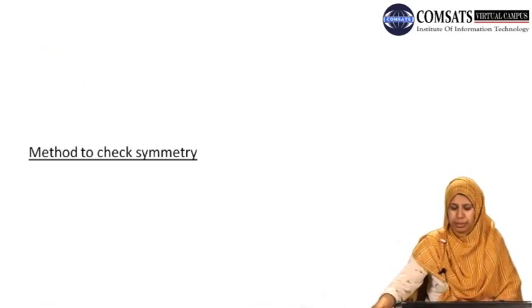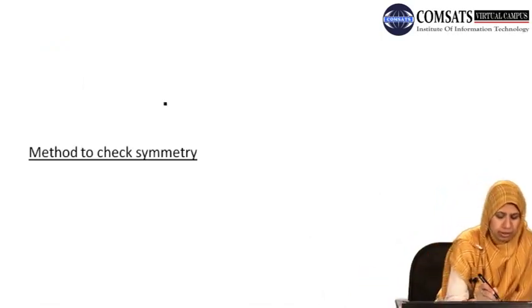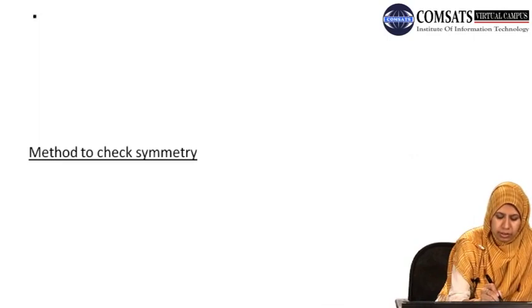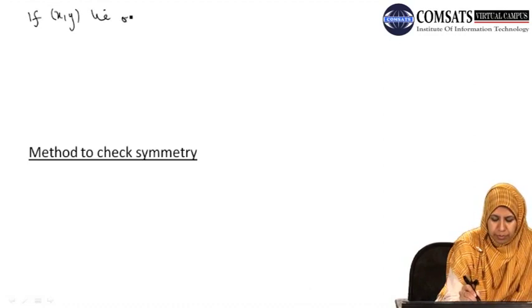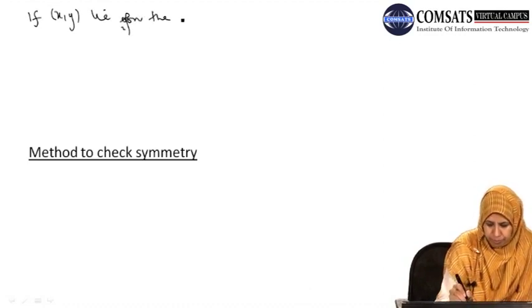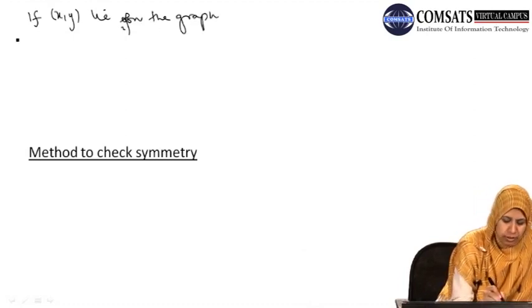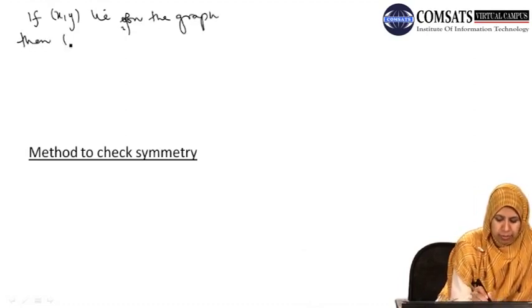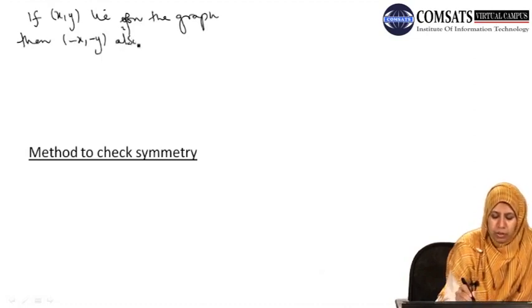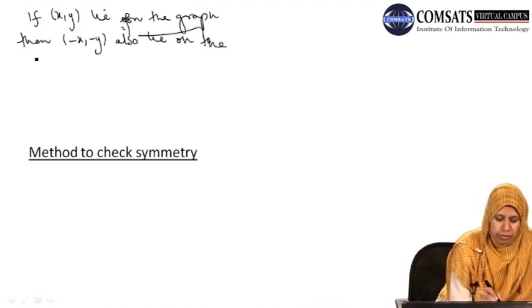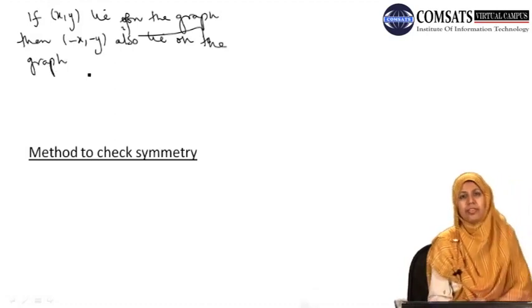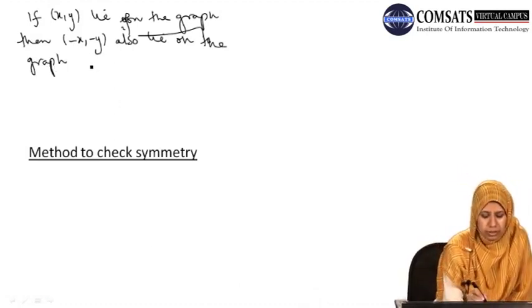Now we come to the symmetry about the origin. If our point (x, y) lies on the graph, then if the point (-x, -y) also lies on the graph, it means that the graph is symmetric about the origin.